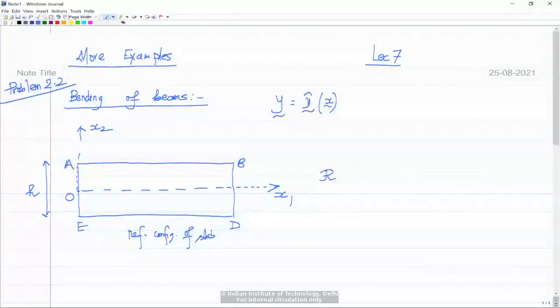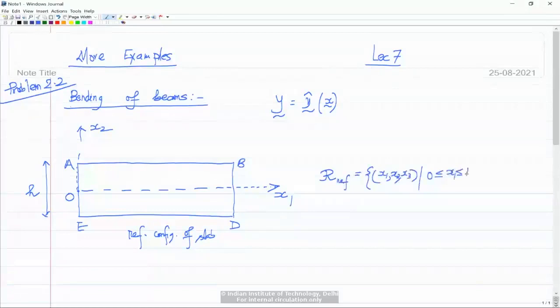the region occupied by the body, if I denote that by ref, so you can write it mathematically. You have to learn to write things mathematically, because that's how people do it in papers. 0 less than or equal to x1 less than or equal to L. You see what I'm saying is that the x1 coordinate is between 0 and L, isn't it? So suppose that this is the length of the beam.